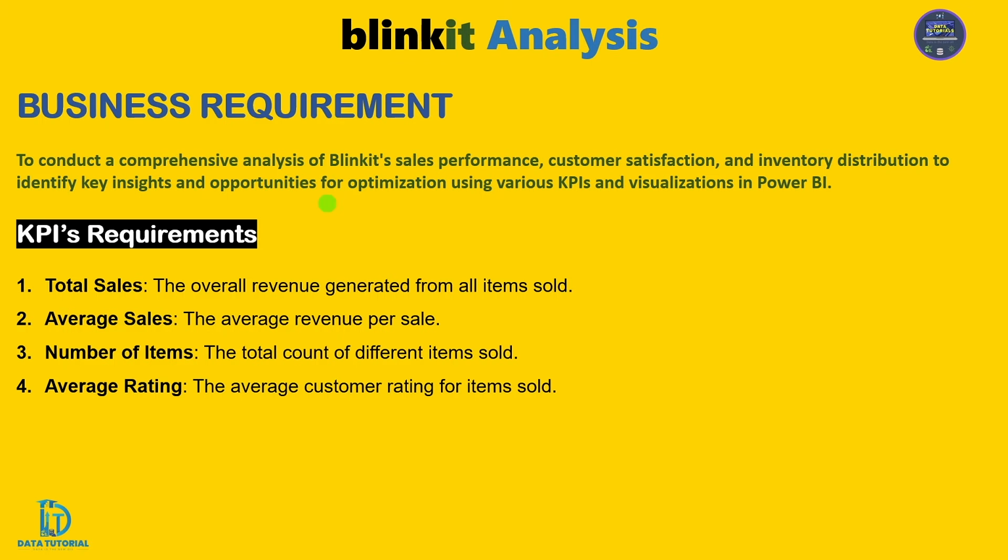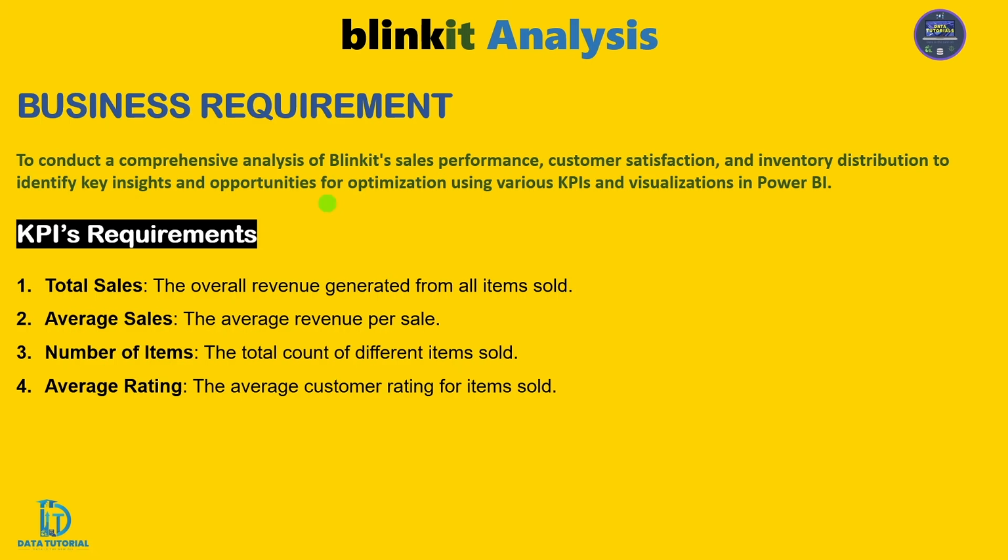So in this case, we have some different requirements. The first thing asked by our customer is total sales, right? So we have to find out the total sales of this entire grocery app, and it is nothing but the overall revenue generated from all the items which are sold. Then we will find out the average sales.